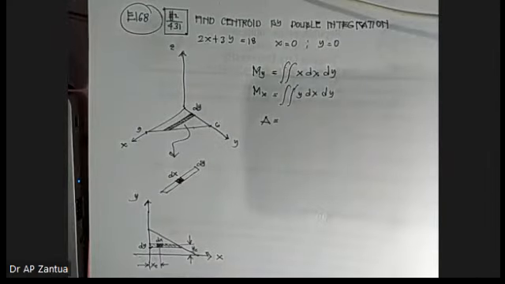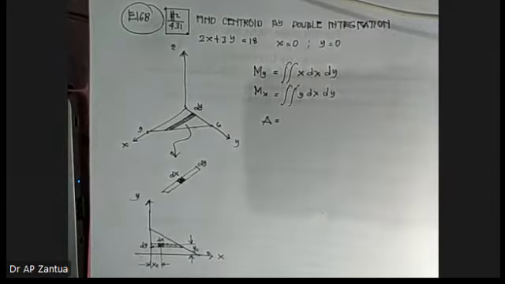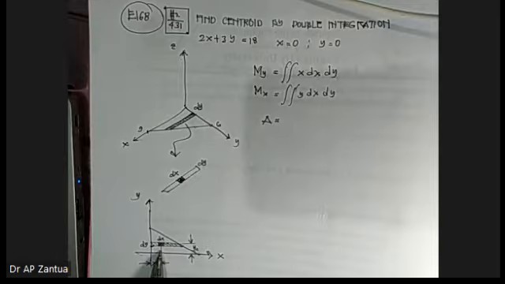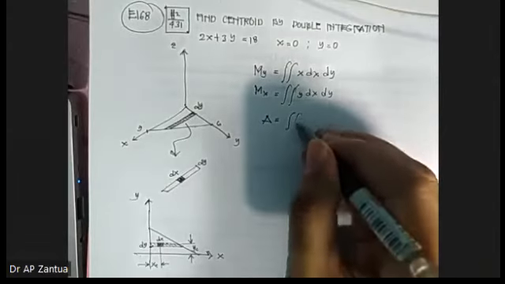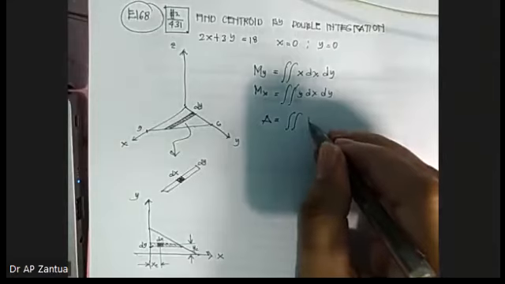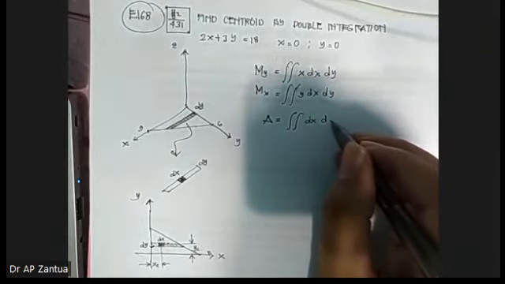Actually, we can do the double integration of area, like the previous example. So what is this? Double integration of area. The inner integral is dx. The outside integral is dy. What is the limit for x?